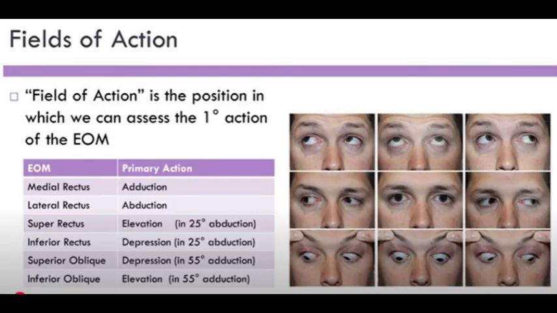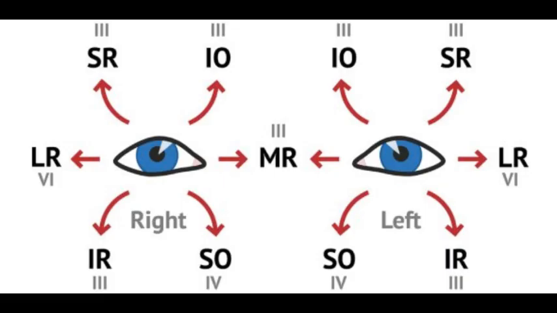Now, that being said, let's take a look at this chart. So, a very simple way to remember is by knowing that when the eye is abducted, generally it triggers the field of action for two muscles.